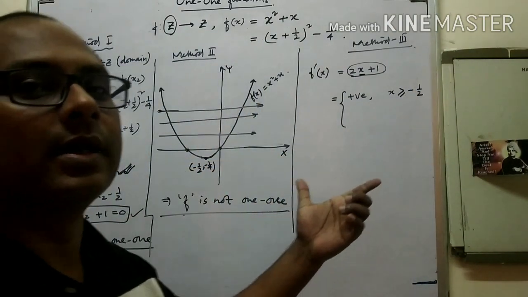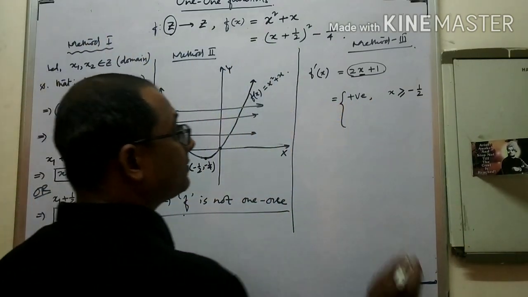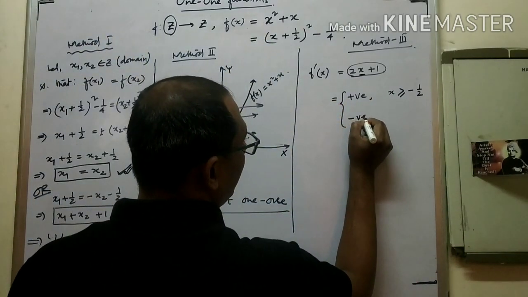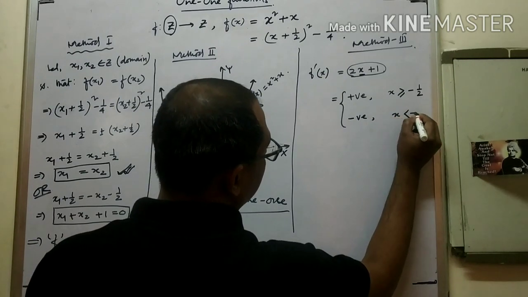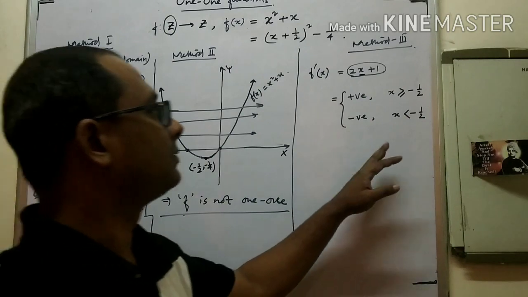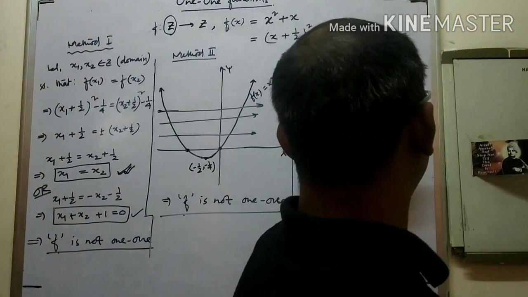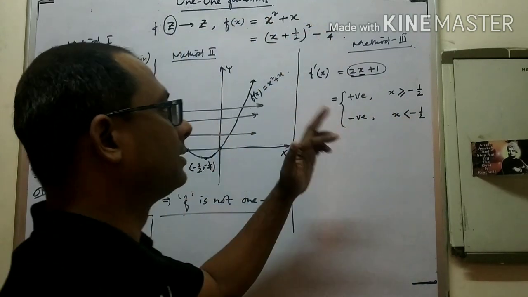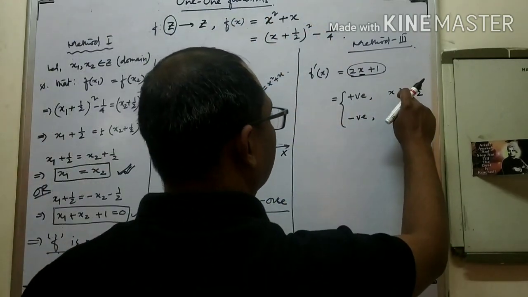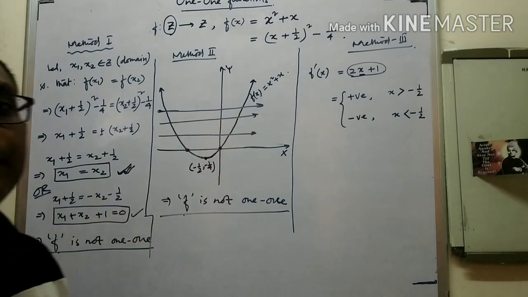Any integer greater than minus half gives a positive value, and if x is less than minus half, we get a negative value. There is no integer equal to minus half, sorry, so for any integer greater than minus half, this will become positive.